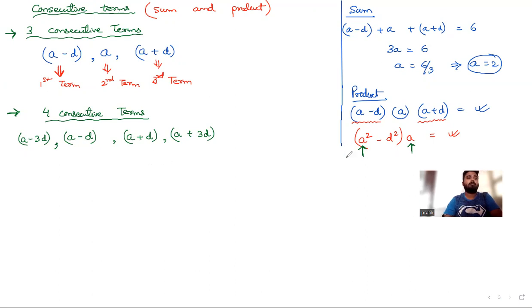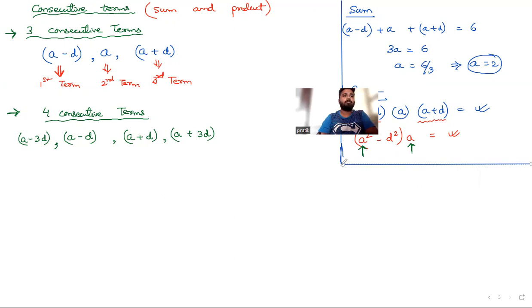Basically, for the four consecutive terms, if I have to find out the common difference, I told you it is the bigger number minus the smaller number.